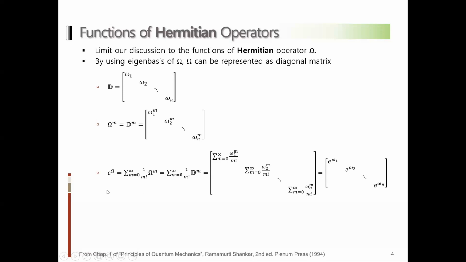And moreover, not only for the exponential function, but if we assume that the matrix representation of our operator appears in the form of a diagonal matrix, then even for any arbitrary function which can be expanded in terms of the Taylor series, they will always look like this one. Even though this was a specific example, you can see that this argument can be easily generalized for any arbitrary function.